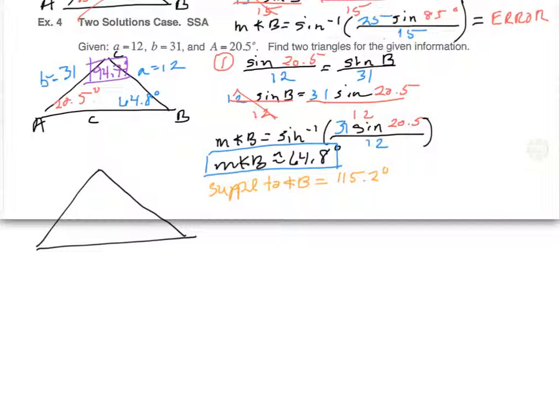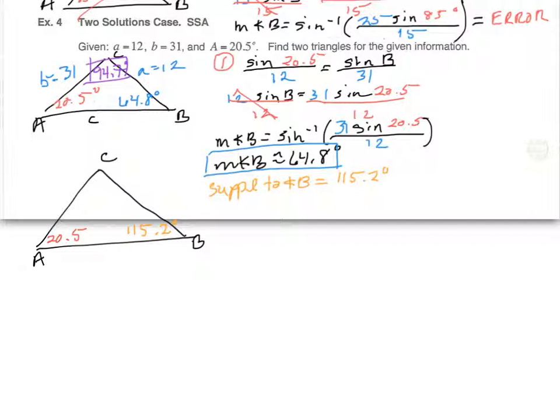Make sense? So that 115.2 is going to go here. I realize I didn't draw it, so it looks obtuse. Don't let that bother you. That's our new angle B. Our old angle A is what they gave us, 20.5. Let's see what our new C would be. So aren't we going to add these together and subtract them from 180?